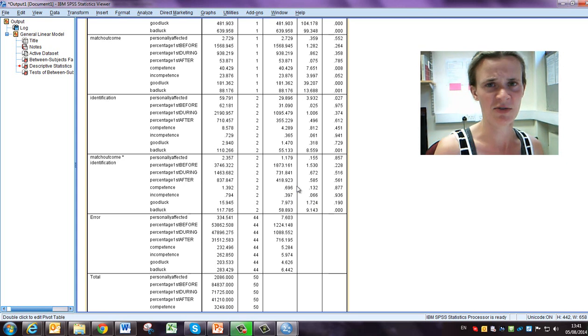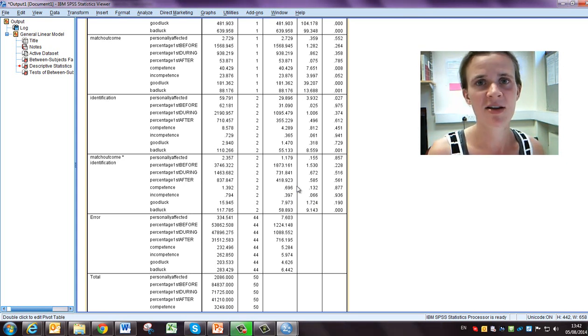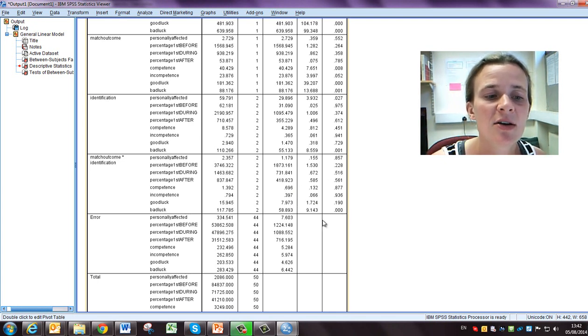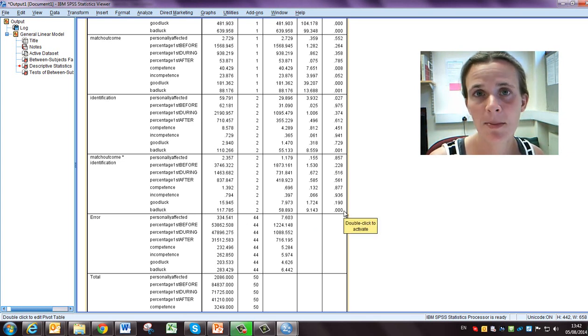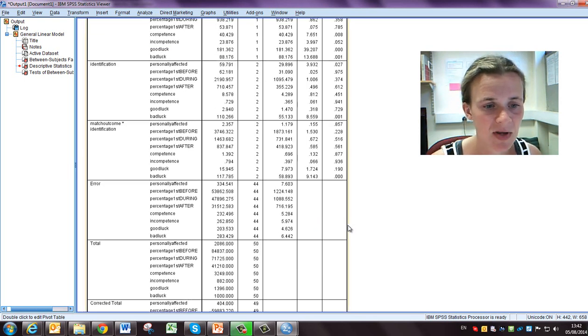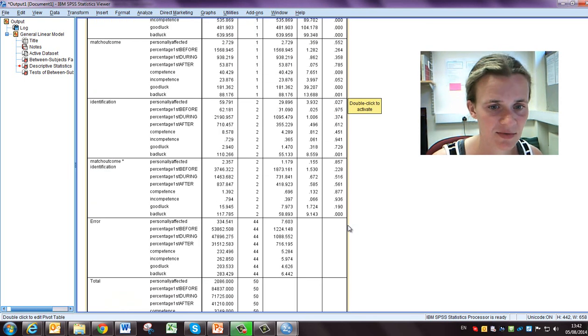It was either the referee messed up or we had a bad day, or Friday the 13th, anything but the team's performance. Well, we see an interaction effect on the bad luck measure, so we need to look at that in more detail. There's nothing else after that. So what we need to do is just isolate that particular effect.